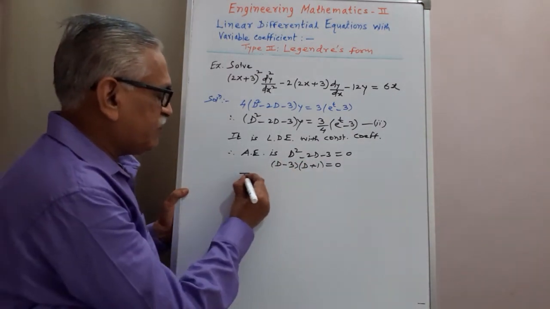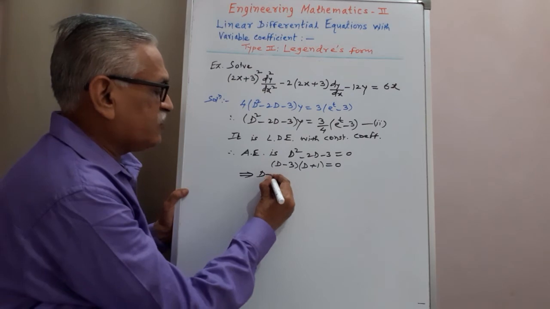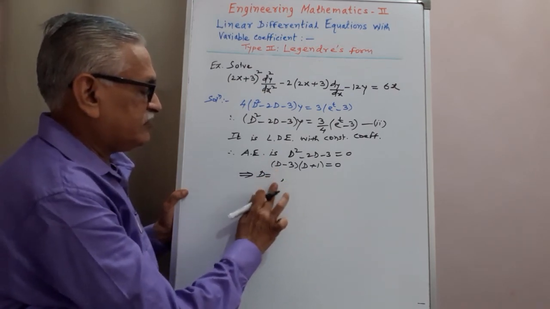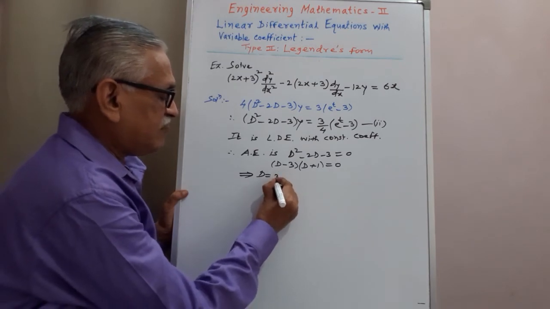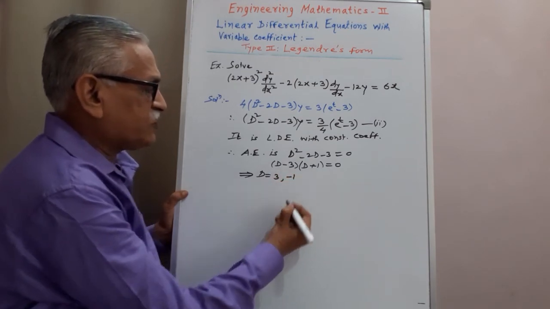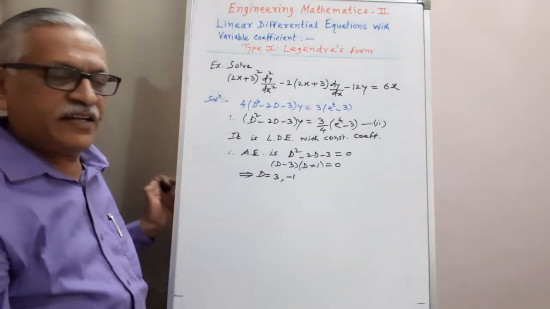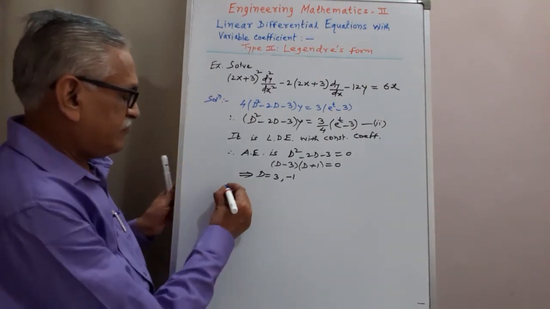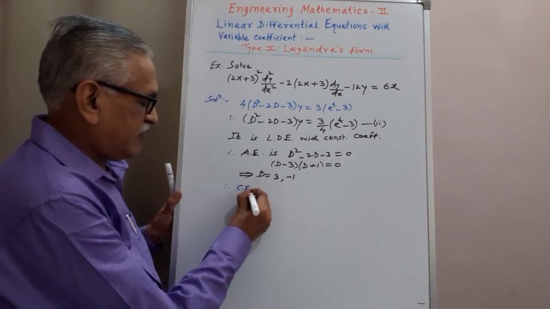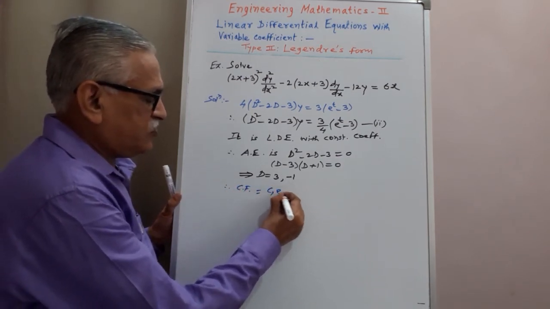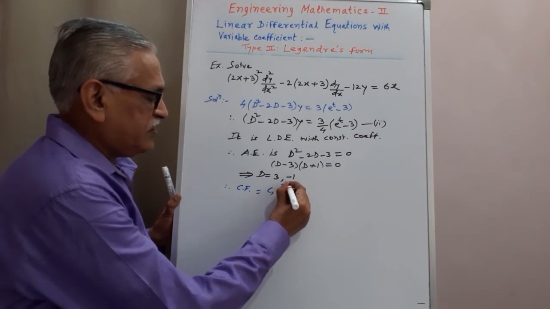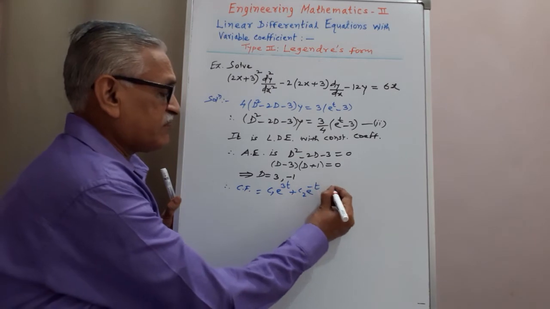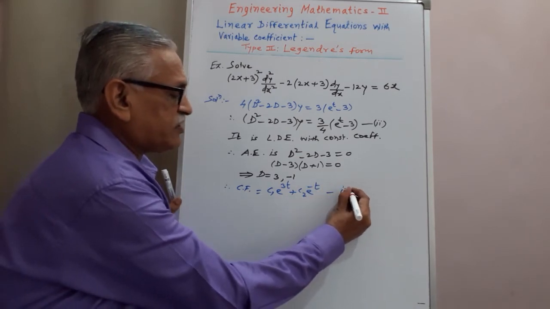Equating each to 0, we get D = 3 and D = −1. The roots are real and different, and therefore the CF is C1 e^(3t) + C2 e^(−t). We call this equation number 3.